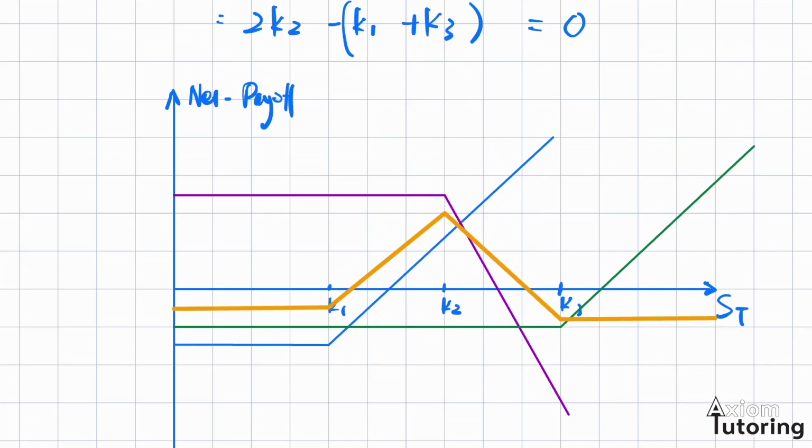So if the underlying asset's price is not very volatile and it's just fluctuating somewhere between K1 and K3, and this will depend on our own judgment, what range it would be, and if it's just fluctuating over here, we can make a profit. It does not matter which direction as long as it's not too volatile.